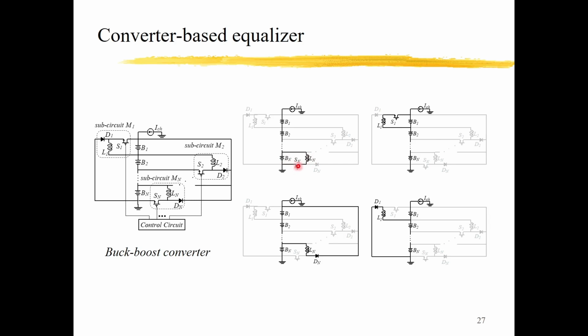Then if we turn off this switch, the current will turn on this diode and flow in this loop. This operation is called the buck-boost operation. By this operation, the energy can be transferred from this battery to its upper batteries.